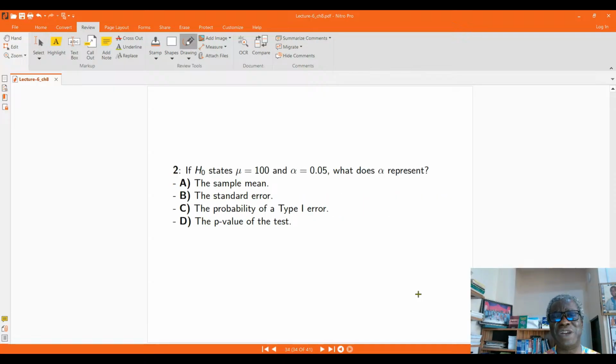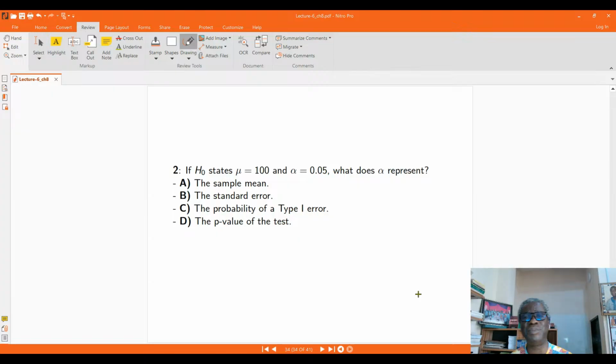Question 2, you have to do a bit of thinking here. If your null hypothesis states that the population mean is equal to 100 and you choose your level of significance to be 0.05, what does alpha represent?